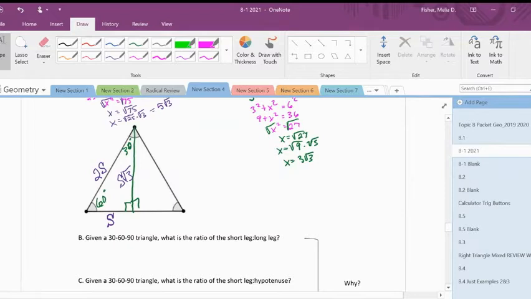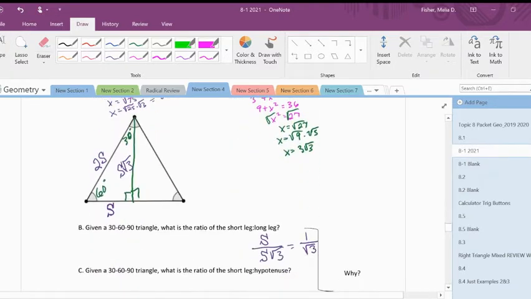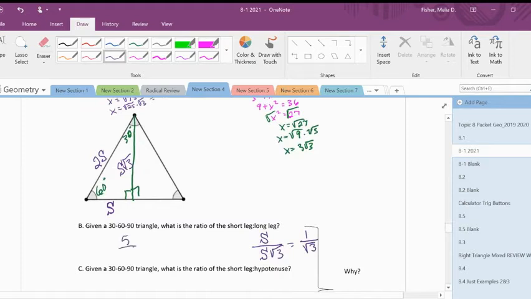Given a 30, 60, 90 triangle, what is the ratio of the short leg to the long leg? Well, we'll have the short leg, which is S, to the long leg, which is S square root 3, and that reduces to 1 over the square root of 3. If we look at our other two that we had, 5 and 5 square root 3, that reduces to 1 over the square root of 3.